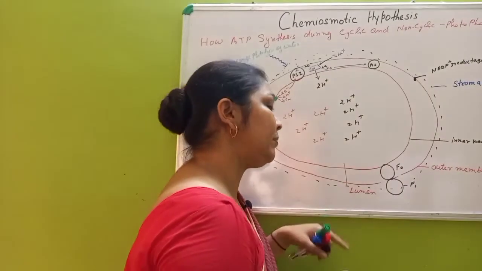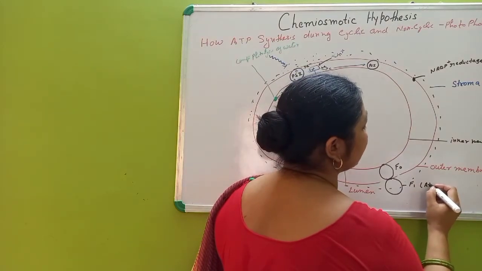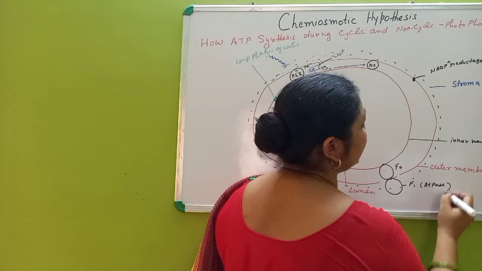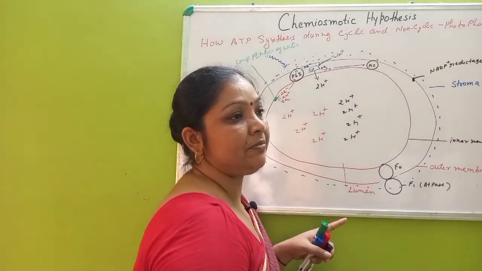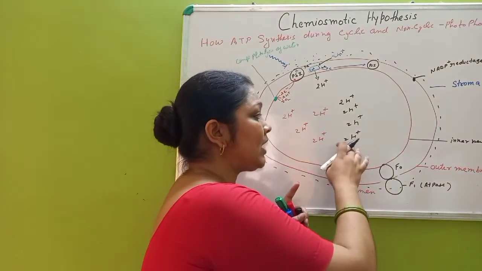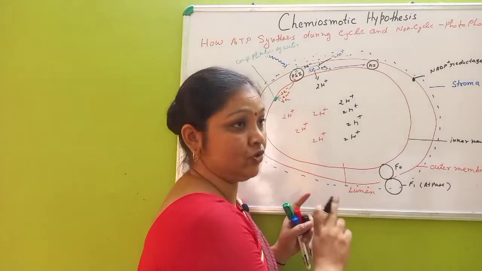These two proteins are present, and F1 acts as an ATPase enzyme. Now these proteins are present in the membrane, and the channel to pass out proton is this only, by the help of facilitated diffusion.